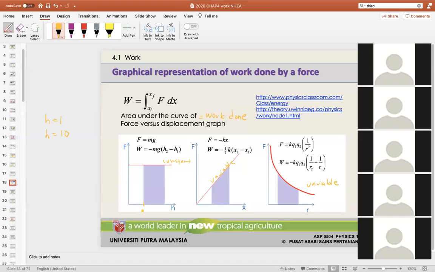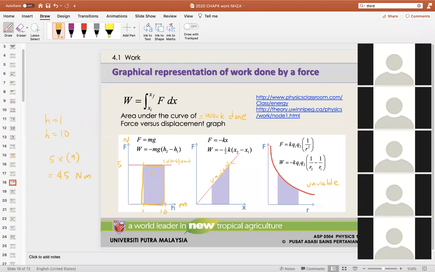Let's say this is 1 and this is 10. So the work done is this box. Let's say F is 5. Area under this curve is 5 times 9, right? So it's 45. This guy is a Newton, this guy is a meter. So you get 45 Newton meter.